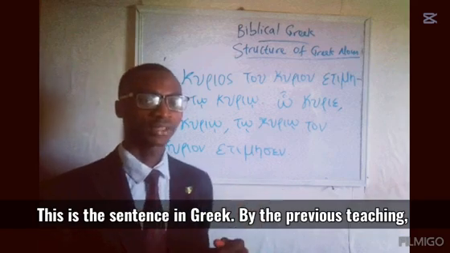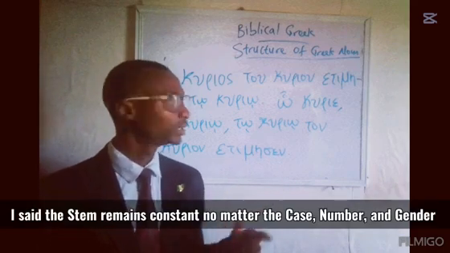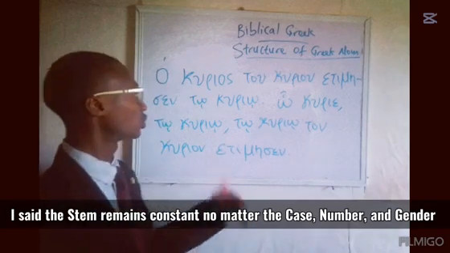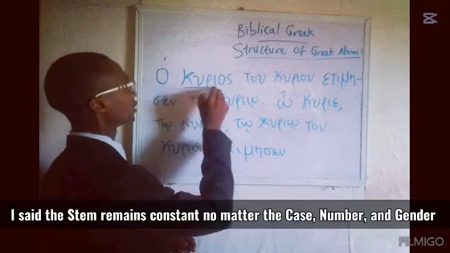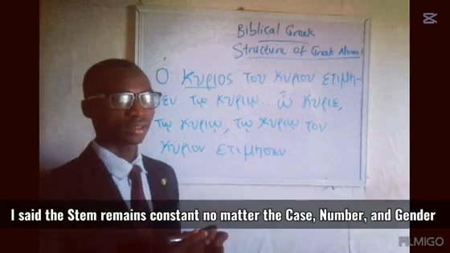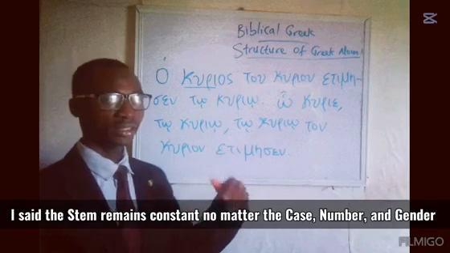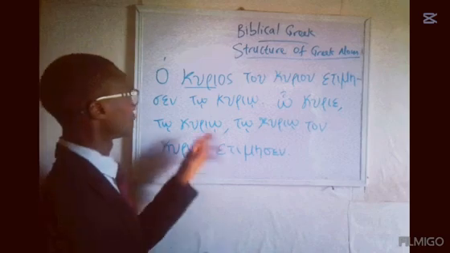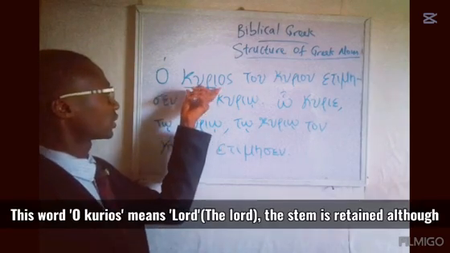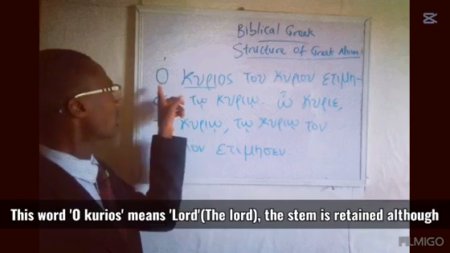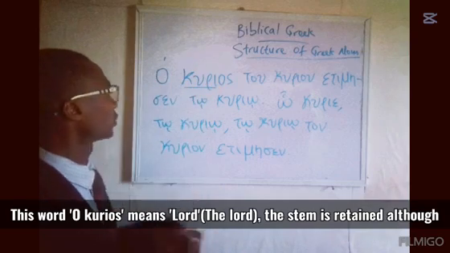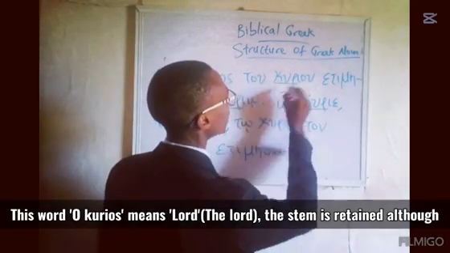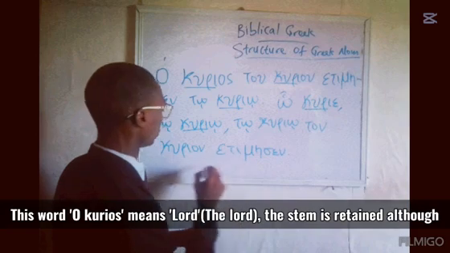Going by the previous teaching, I said in biblical Greek that the stem, which is the word, remains constant, no matter the case, the number, or the gender. Now, this word ho kurios means Lord. So ho kurios means the Lord. Now, this is the stem. See that it retains the same stem all through.